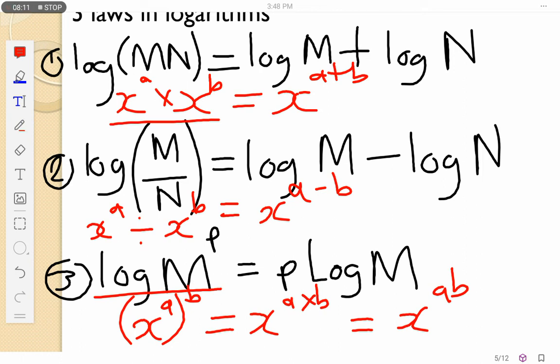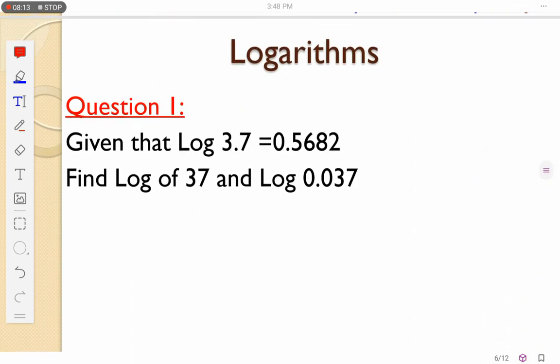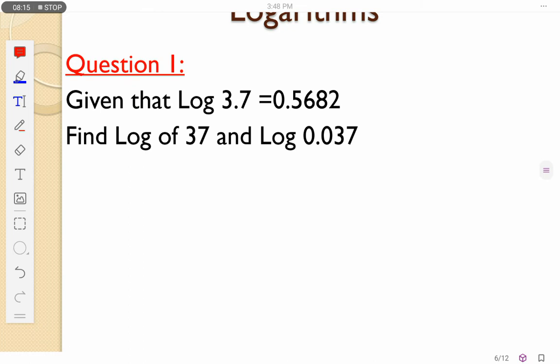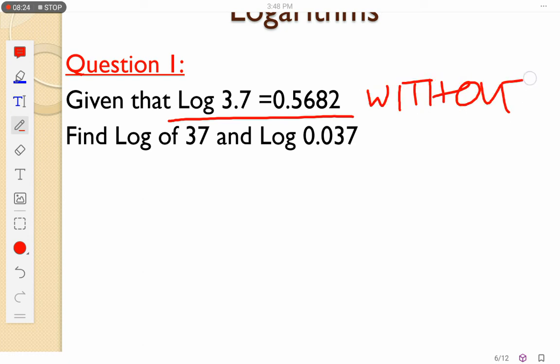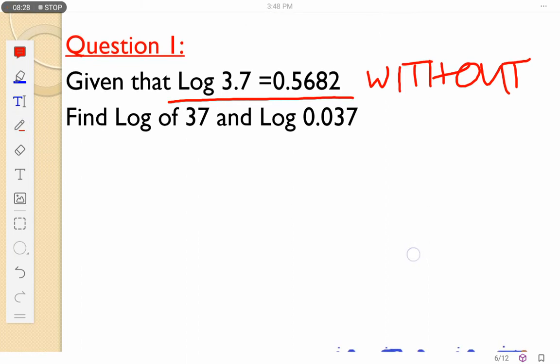Okay, let's have an example. I've got this question here where we are given a log and they want us to find certain logarithms without using a calculator. That's the importance of this video.